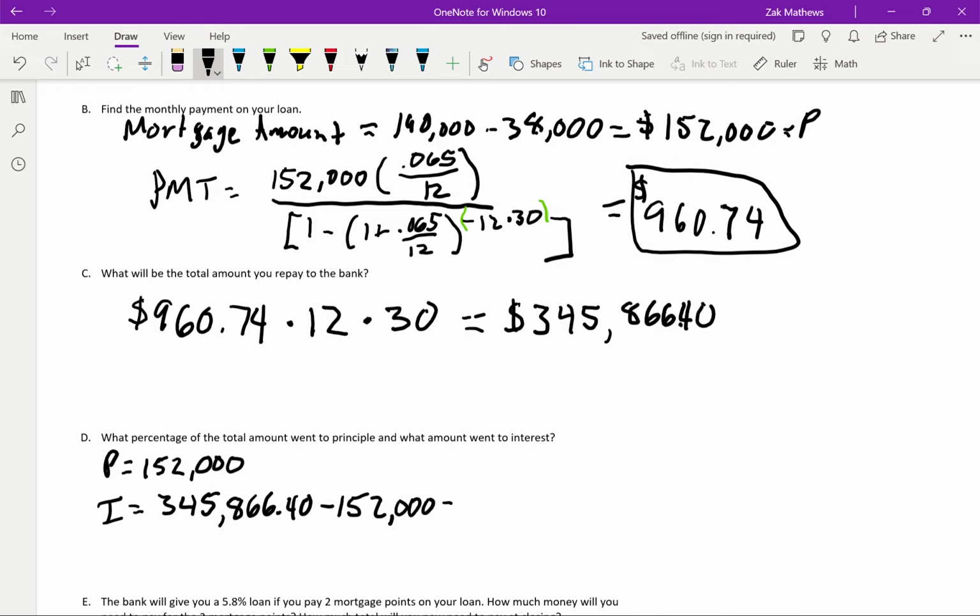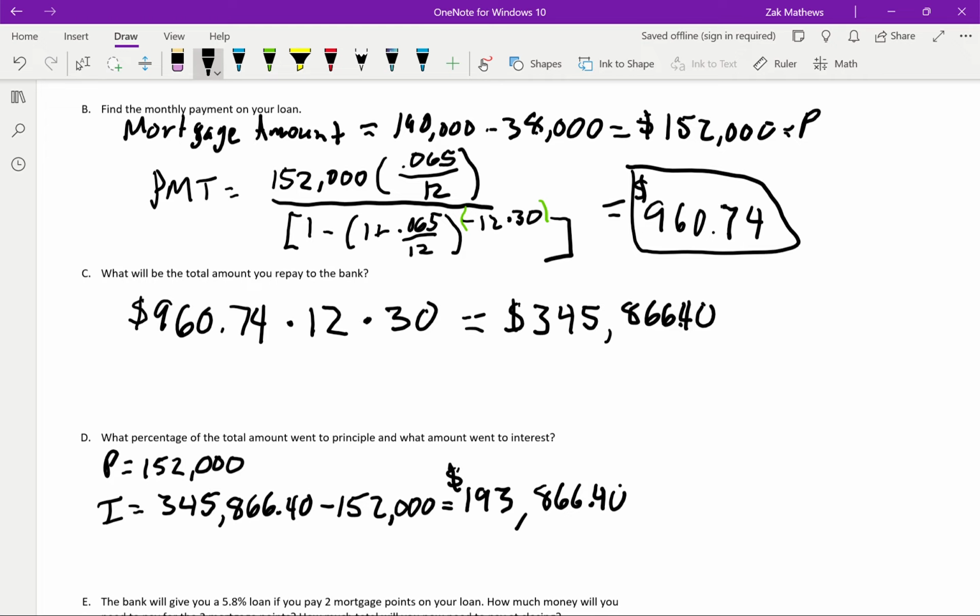So by subtracting those two amounts, I get $193,866.40. So that is the total amount of money I will pay in interest. I actually pay more in interest than I do in principal. And that's not uncommon on a 30-year loan, especially with interest rates around this number. That would be pretty typical.